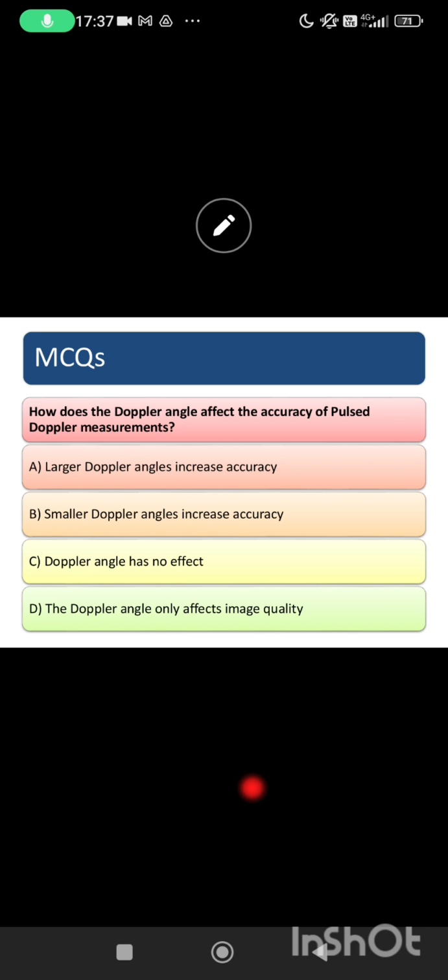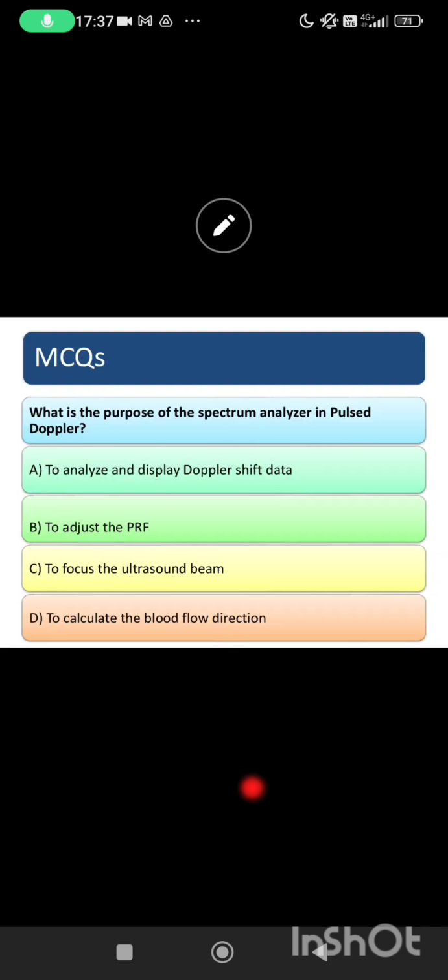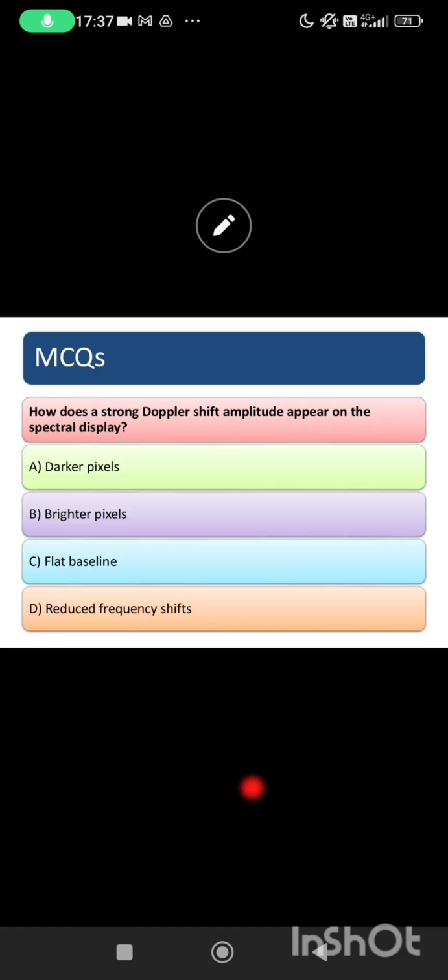The smaller Doppler angles increase accuracy. Very good. Smaller Doppler angle increases the accuracy. Dr. Awadia, what is the purpose of the spectrum analyzer in pulse Doppler? To analyze and display Doppler shift data. Yes, to analyze and display Doppler shift data.